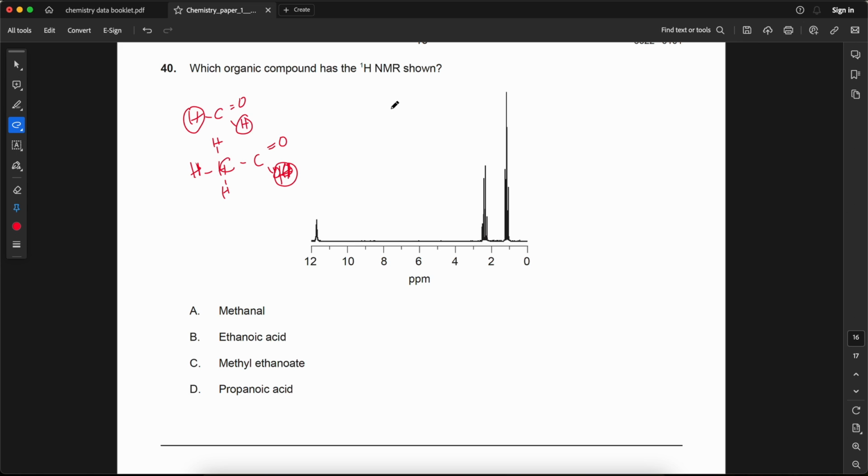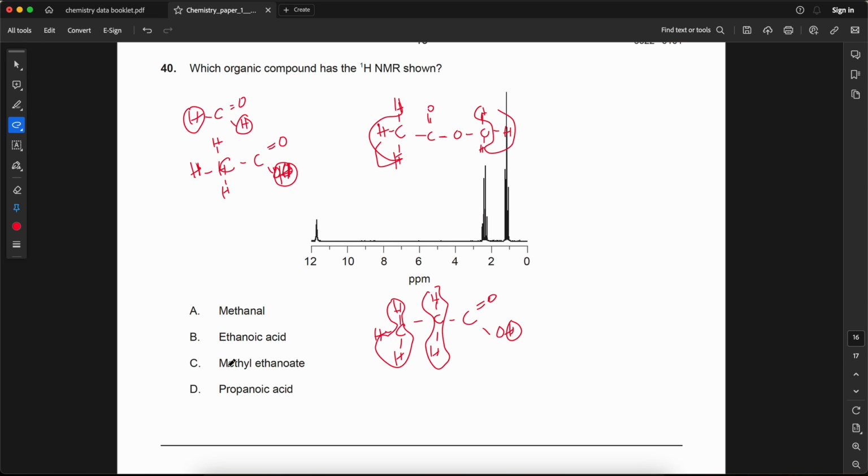And then for the third one, it's methyl ethanoate, again 2 peaks. Okay, so for the last one, propanoic acid, there is 1, there is 2, there is 3. So 3 peaks. Therefore, the answer is propanoic acid.